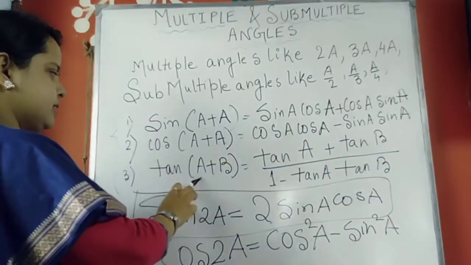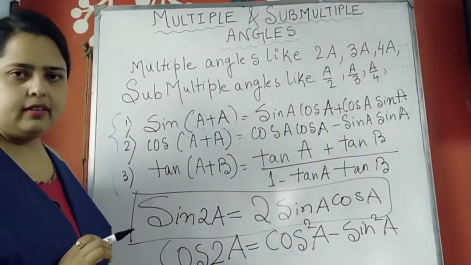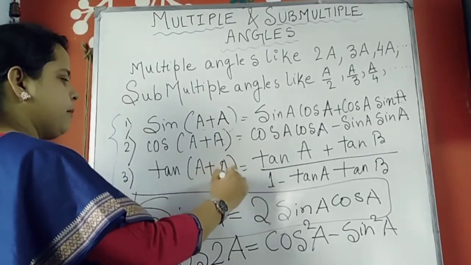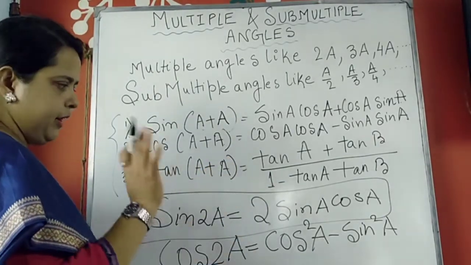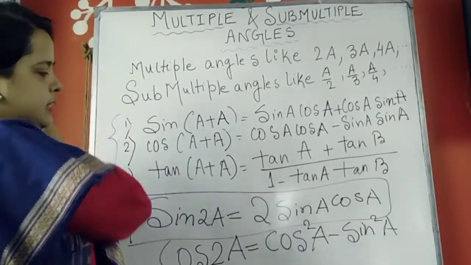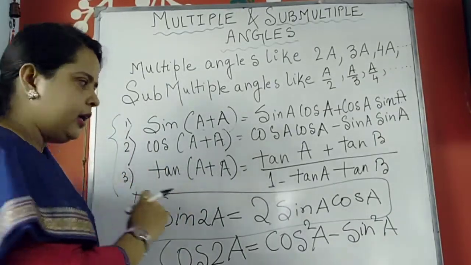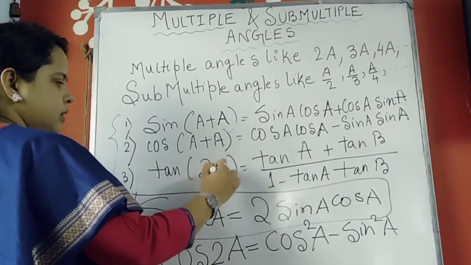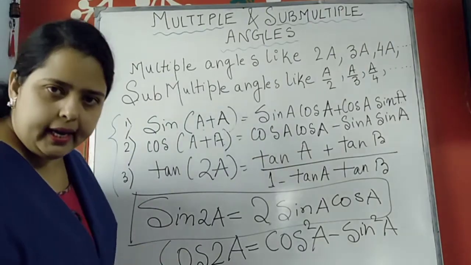Now what about tan of A plus B? The same activity should be repeated. I will tell you something more about this cos 2A, but wait a minute, let me finish this part. Tan of A plus A gives you tan 2A.